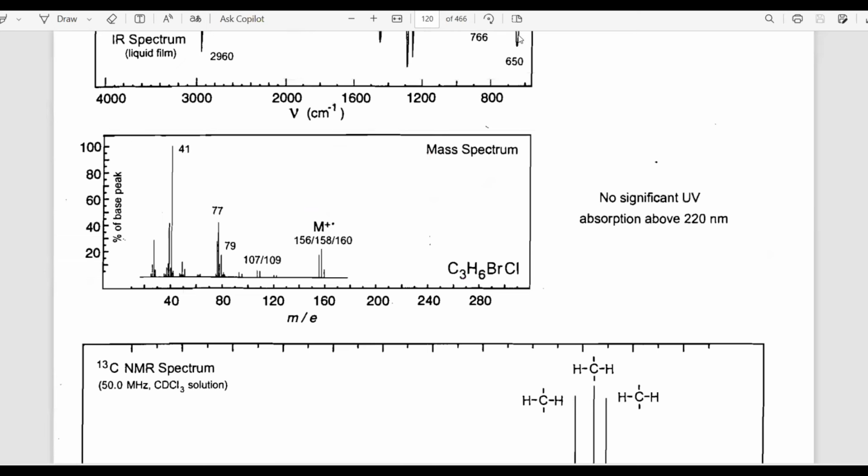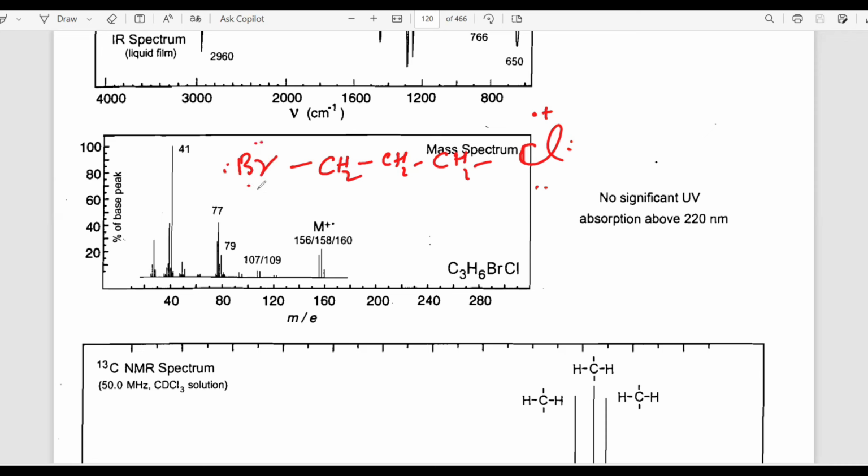If you look at the mass spectrum of this compound, CH2, CH2, CH2, here is Cl, and here is Br. Chlorine and bromine both have 6 electrons, 3 lone pairs. So let me remove 1 lone pair from here.